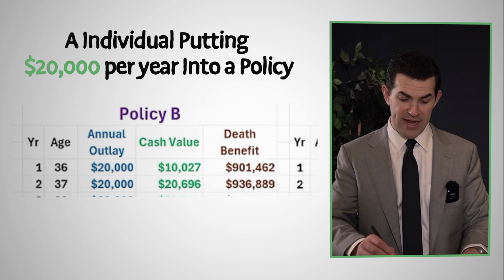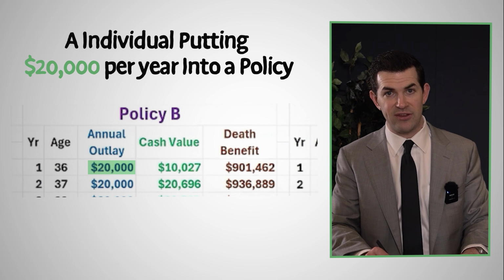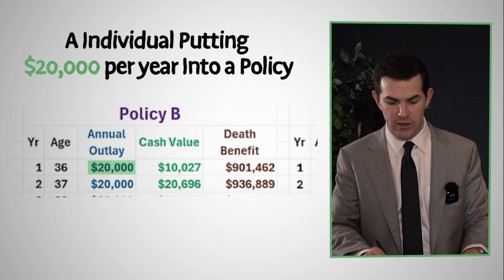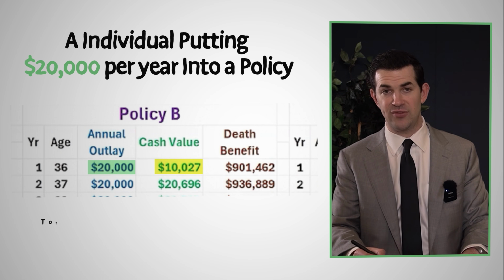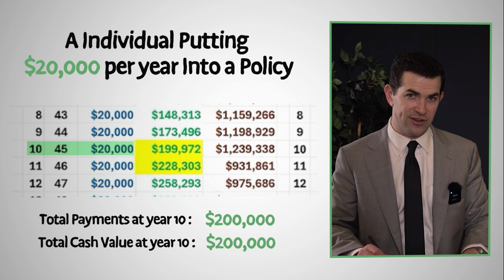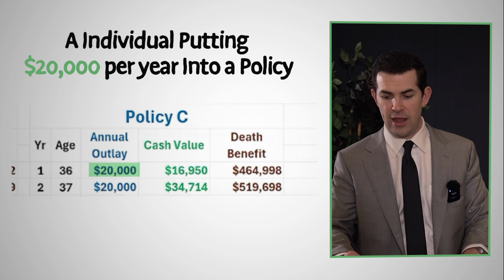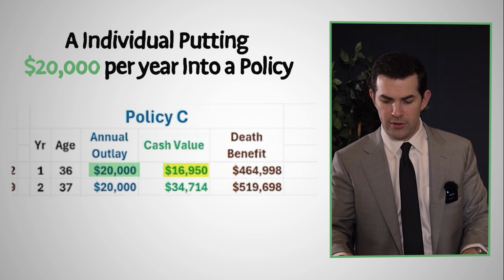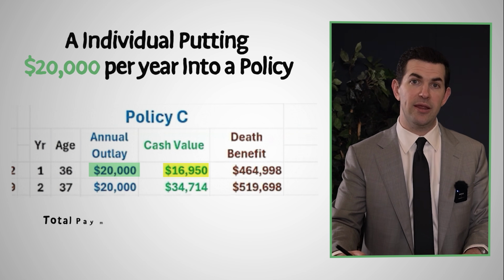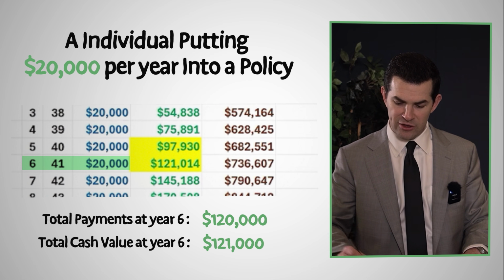Policy B definitely looks better up front. He pays in $20K, and instead of having $1,700 in cash value, he has about $10,000 in cash value. It also breaks even sooner, but then look at policy C. He pays the exact same $20,000, and he has about 85% of his payment available in cash value immediately.